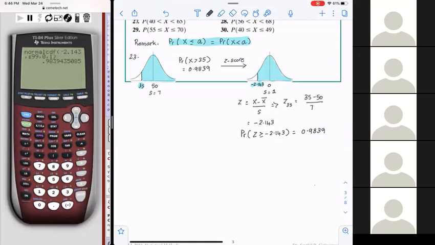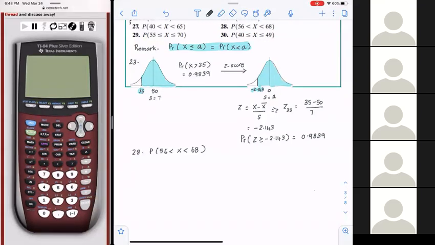You could find that table in the appendix of any statistics textbook. It will say standard normal distribution probabilities, and you'd make use of the table to find the probability. But these days, we have a calculator, and we really don't have to take the step of converting x to a z-score, then finding the probability.